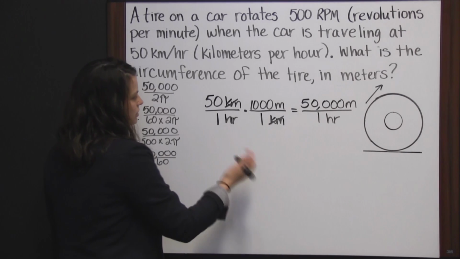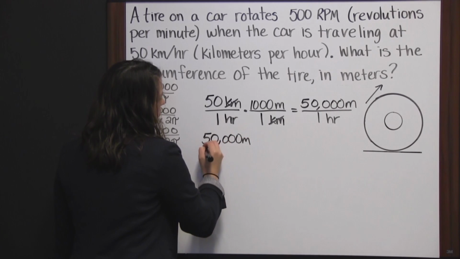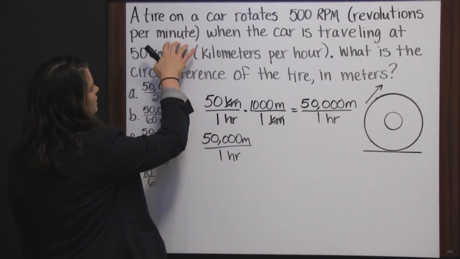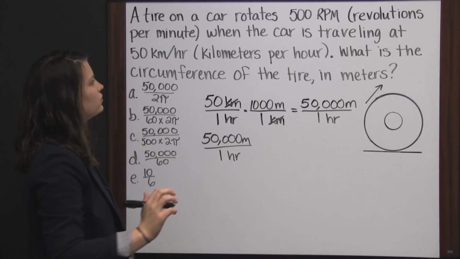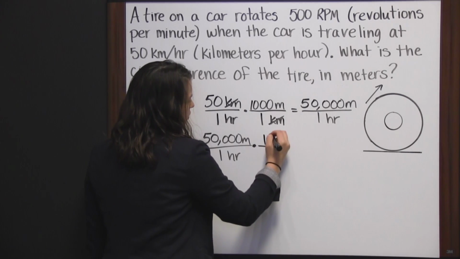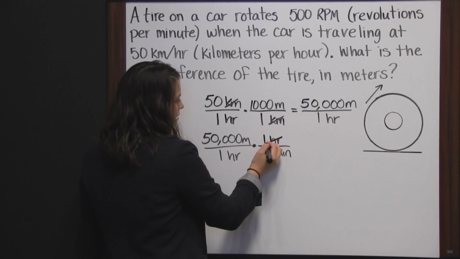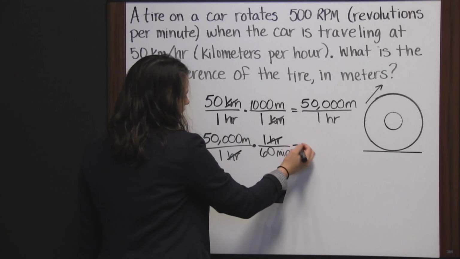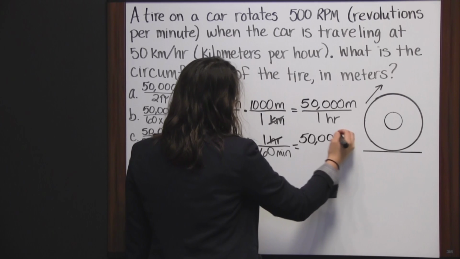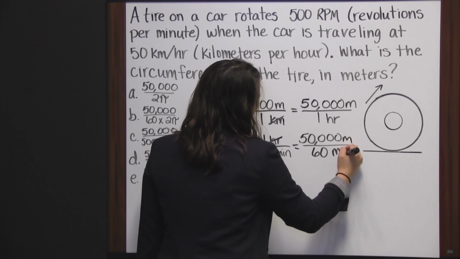So then I want to convert my 50,000 meters per hour into meters per minute so I can more easily compare it to my revolutions per minute. So I'll multiply it by the conversion factor of 1 hour is 60 minutes. So again, my hours cross cancel since I'm multiplying fractions, and I get 50,000 meters every 60 minutes.